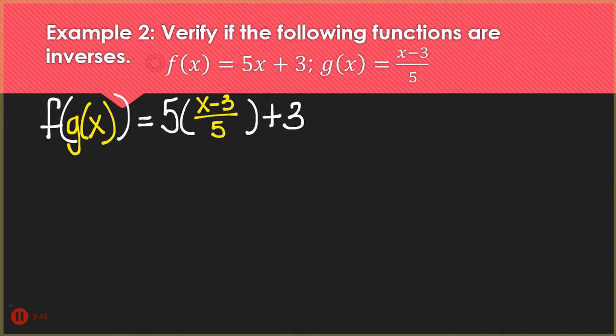So I'm multiplying a fraction with the denominator of 5 by 5. And that's just going to clear it out. Then leave me with x minus 3 plus 3. The negative 3 and positive 3 cancel, and I have x.